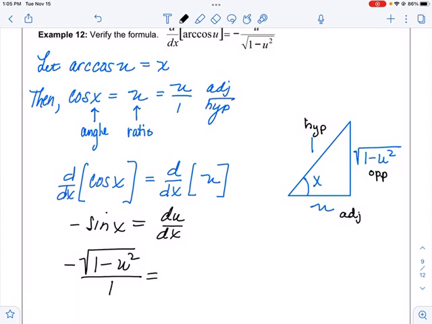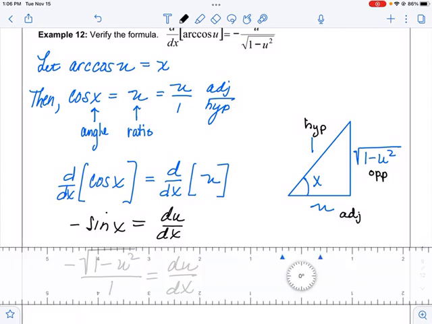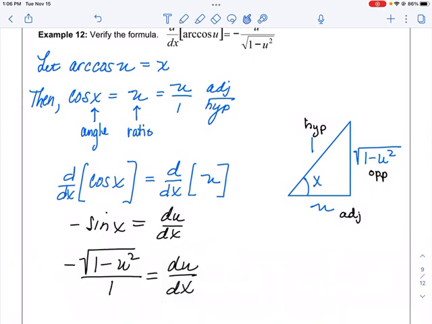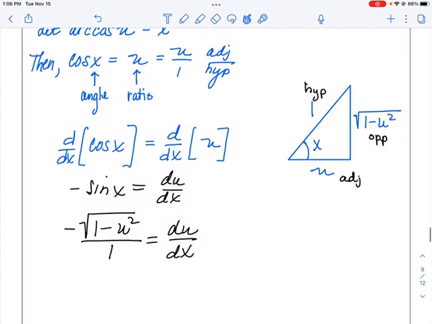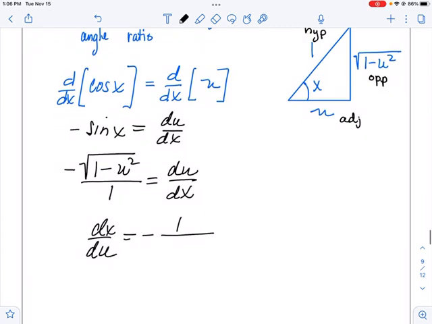And that's equal to our du dx. Okay, so now what I want is dx du. So dx du is then equal to negative 1 over the square root of 1 minus u squared.